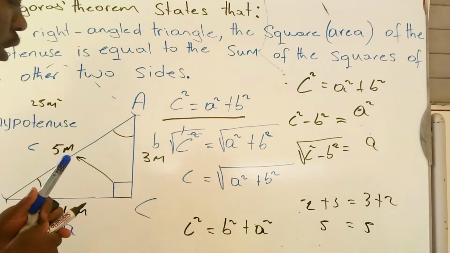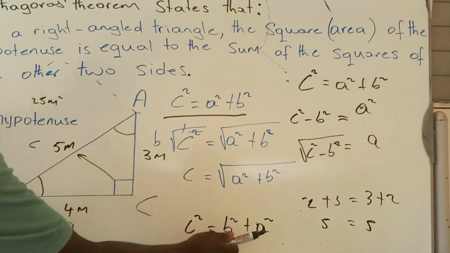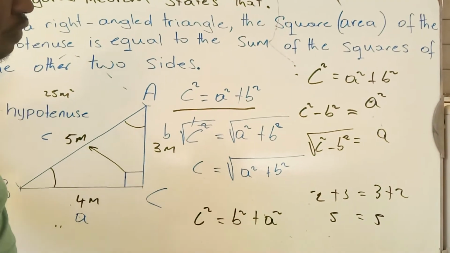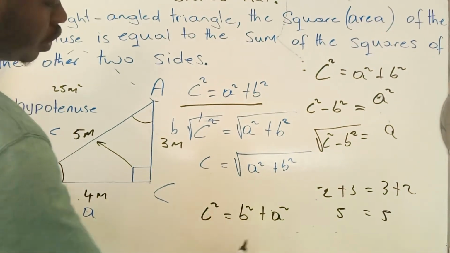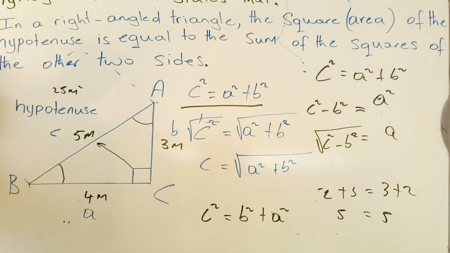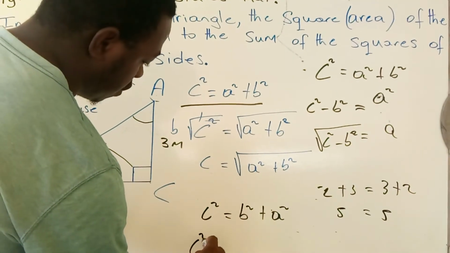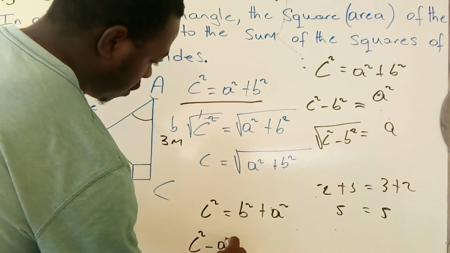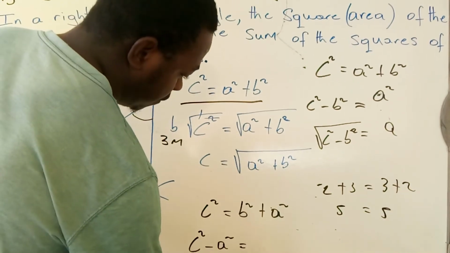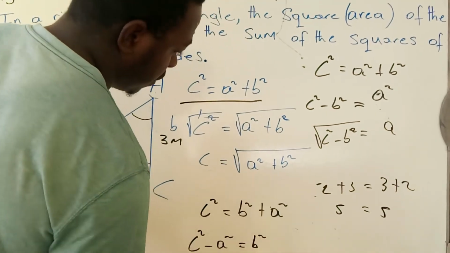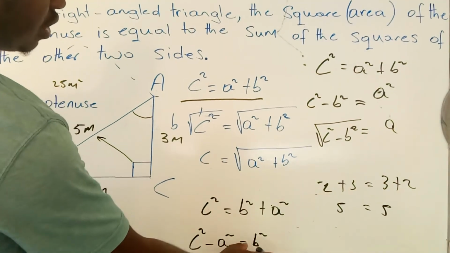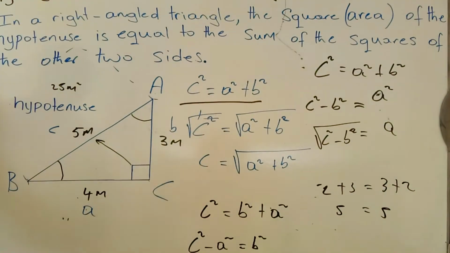Alright? Now you want to manipulate this to make b squared the subject of the formula. So all you need to do is subtract a squared from both sides. And you will see that c squared minus a squared is equal to b squared, because if you subtract a squared from this side, you're just left with b squared. Now you want to find b.